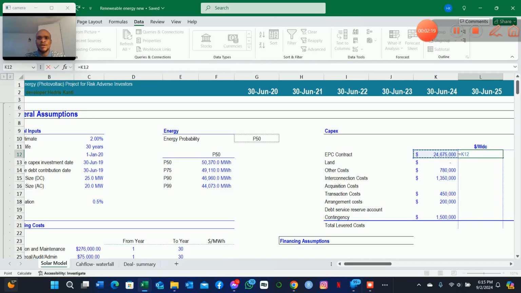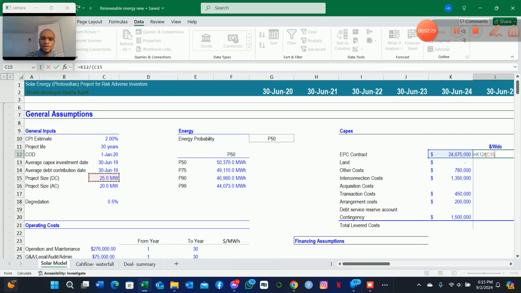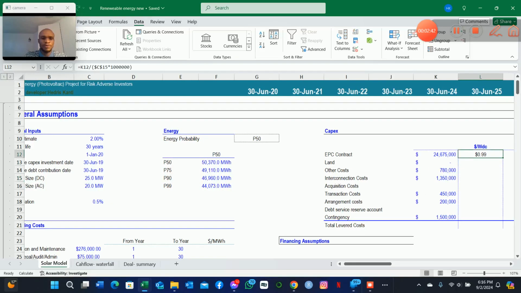So we take this number and then we divide it by, put in bracket, this project DC size. Then reference that cell, we multiply it by 1,000,000. Close the bracket and we press enter.